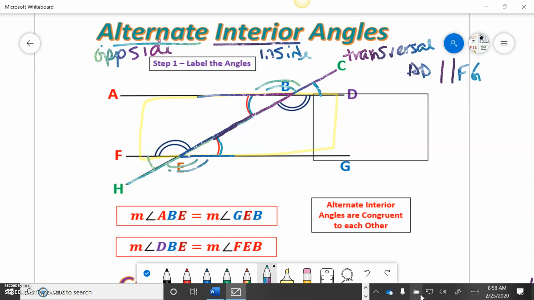Let's make a little note: line AD and line FG are parallel.